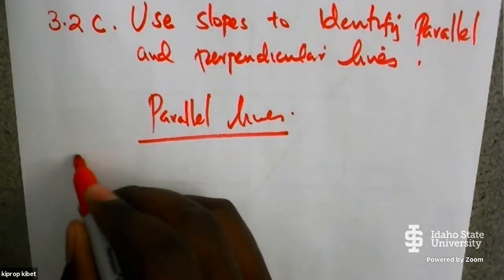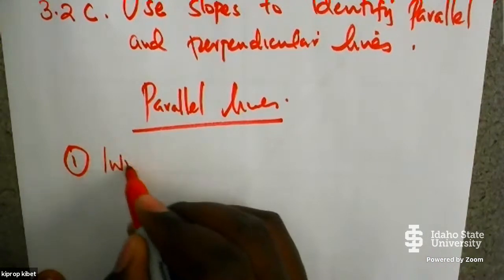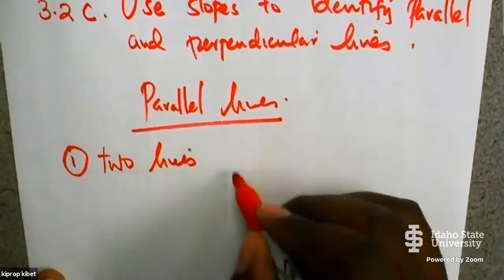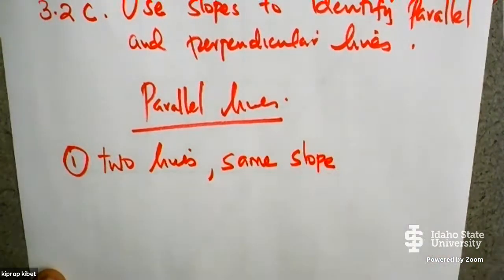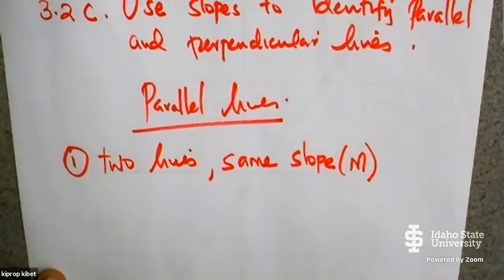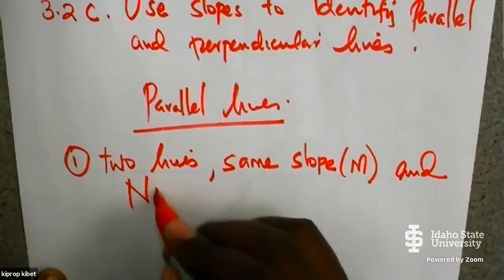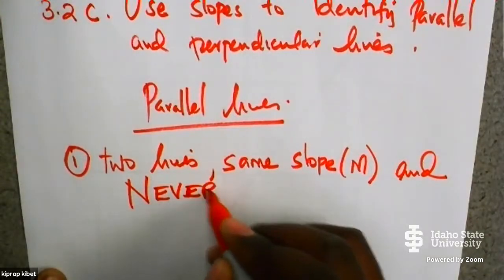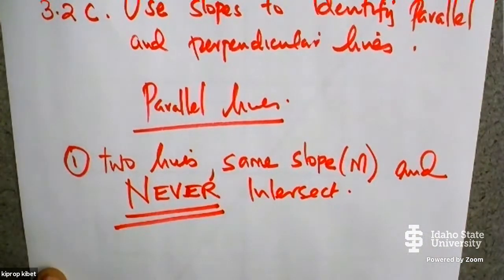So number one. For the parallel lines, so these are two lines. They have the same slope, which is m, and they never intersect.